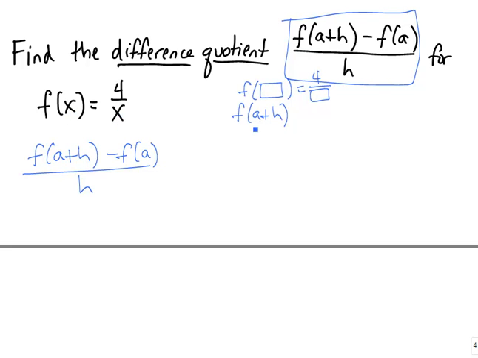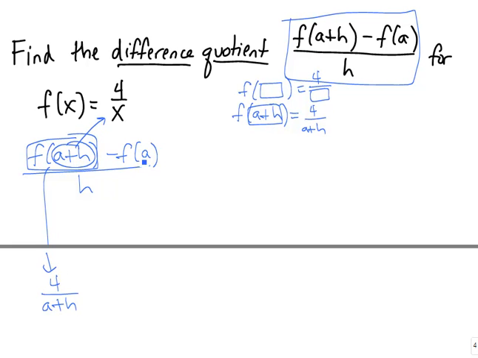So in the expression f of a plus h, my input is a plus h, so my function should take 4 over that a plus h. So this f of a plus h turns into 4 over a plus h. So it's exactly the same as our original function, but we substituted this input in for x.